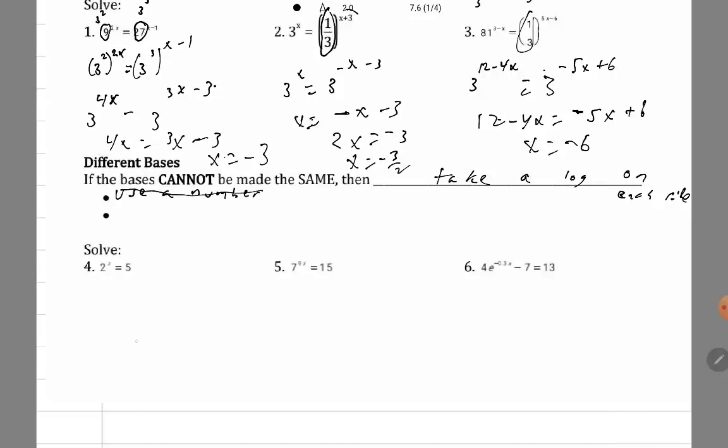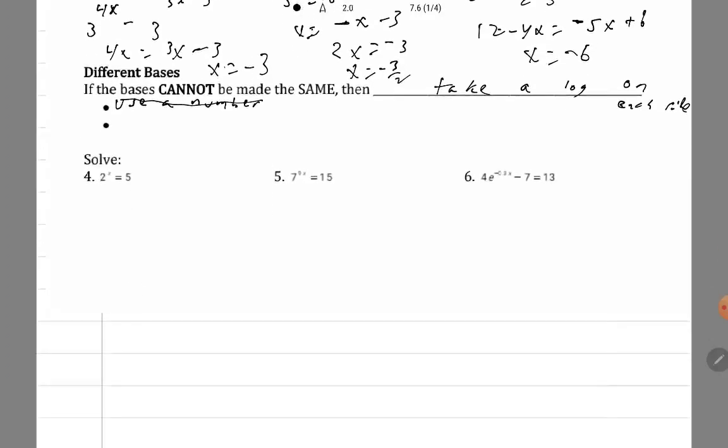We'll just go through an example. 2 to the x equals 5. They're not the same base. We can't make them the same base. So we take the log base 2 of both sides. So what happens is we have log base 2 of 2 to the x equals log base 2 of 5. Boom.